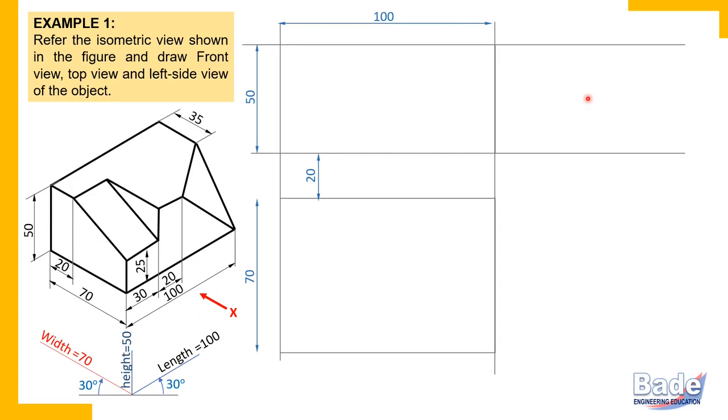Height vertically and width horizontally. Length does not appear in the side view.